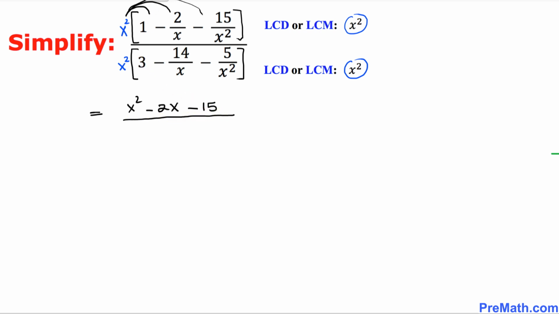We are going to do the same thing for this bottom part. x squared is going to get multiplied across the board. We are going to distribute it, and that is going to give us 3x squared minus 14x and minus 5. Once again, we no longer have a fraction in the bottom part as well.